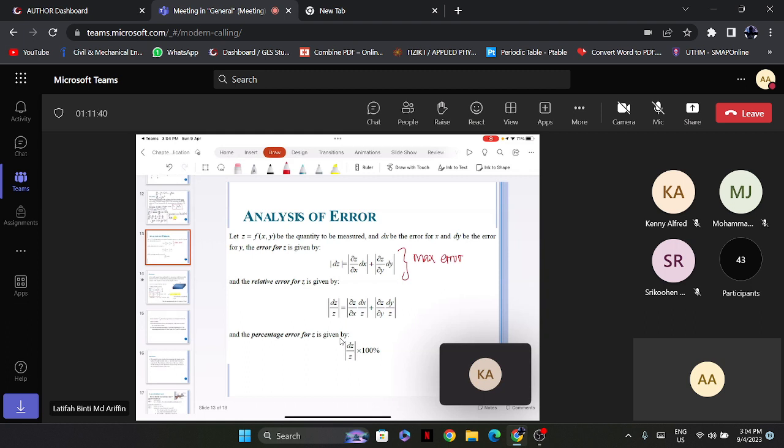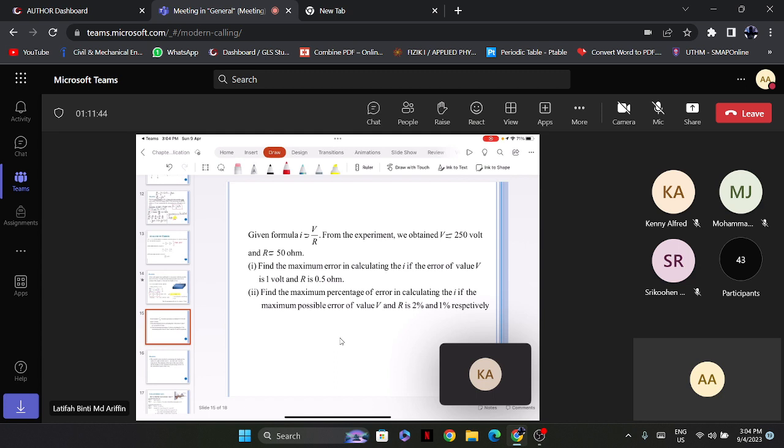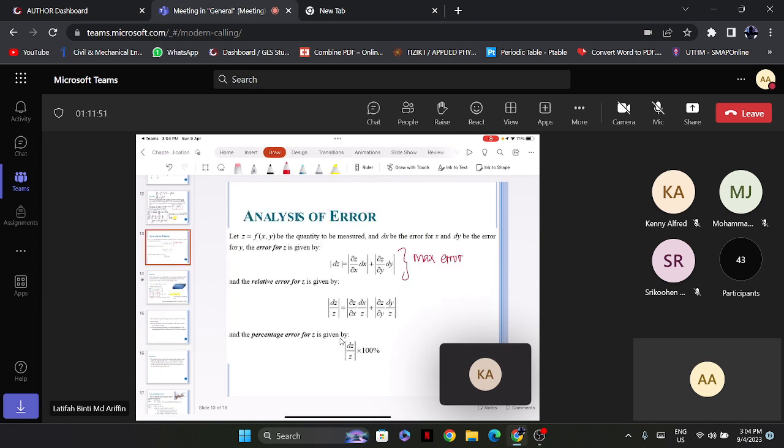Kemudian yang kedua, dia kata maximum percentage of error, yang itu kamu gunakan yang kedua ni. First you need to get the relative error, kemudian dapatkan dia punya percentage of error.